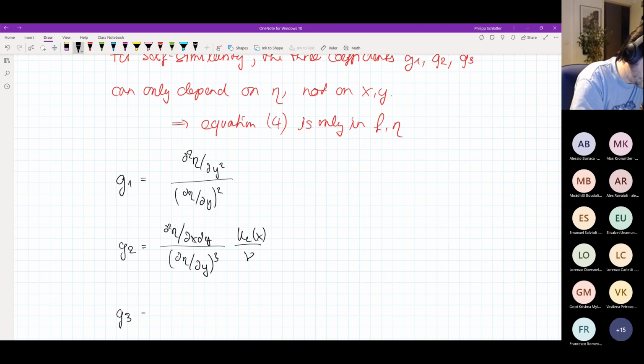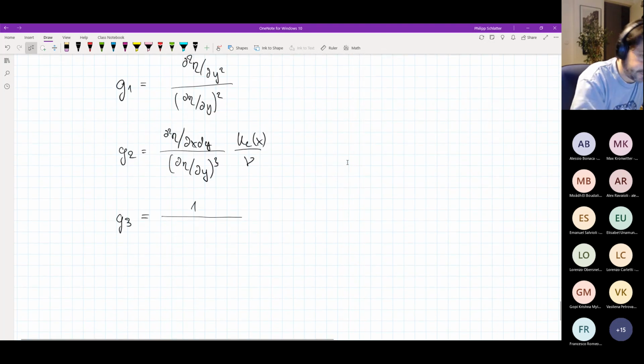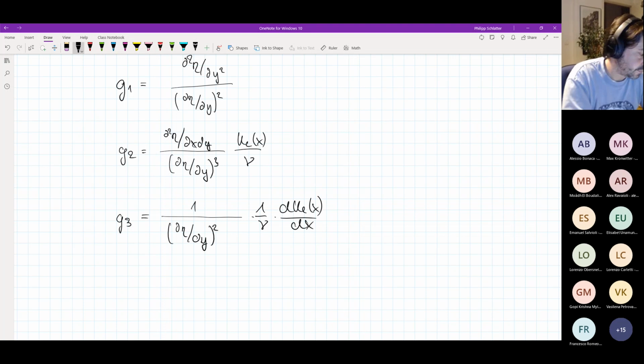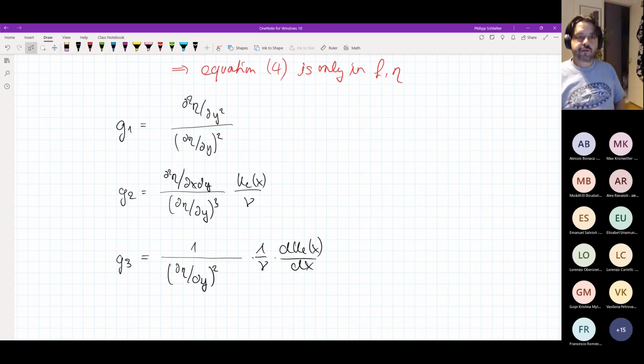And then we have g3, which is 1 divided by d eta dy squared times 1 over nu times due of x dx. So these are these three coefficients, g1, g2, and g3.